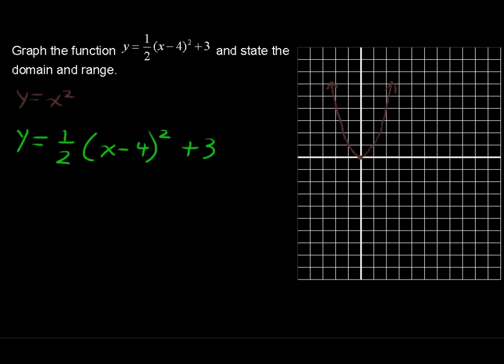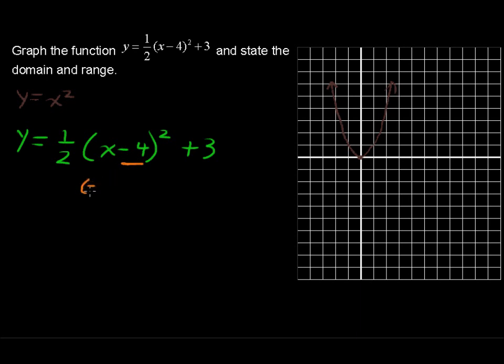So I'm going to look in here first, inside the parentheses, and by the way, it has to be in this form first. If it's not, look at the procedure to complete the square so that you can get the equation into this form. Now when we have a negative, x minus something, inside the parentheses, that means we're going to move it to the right.